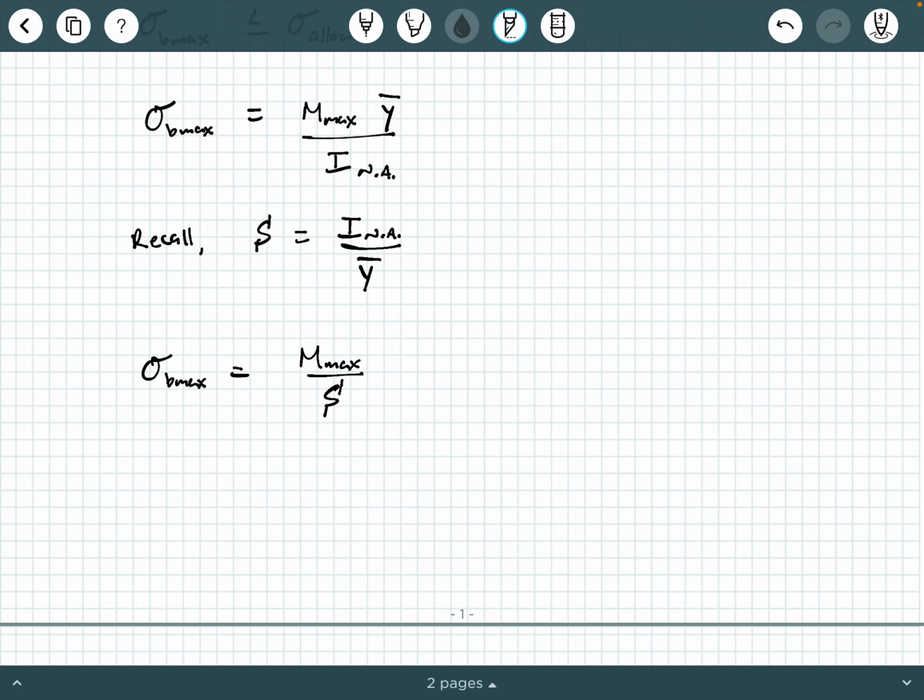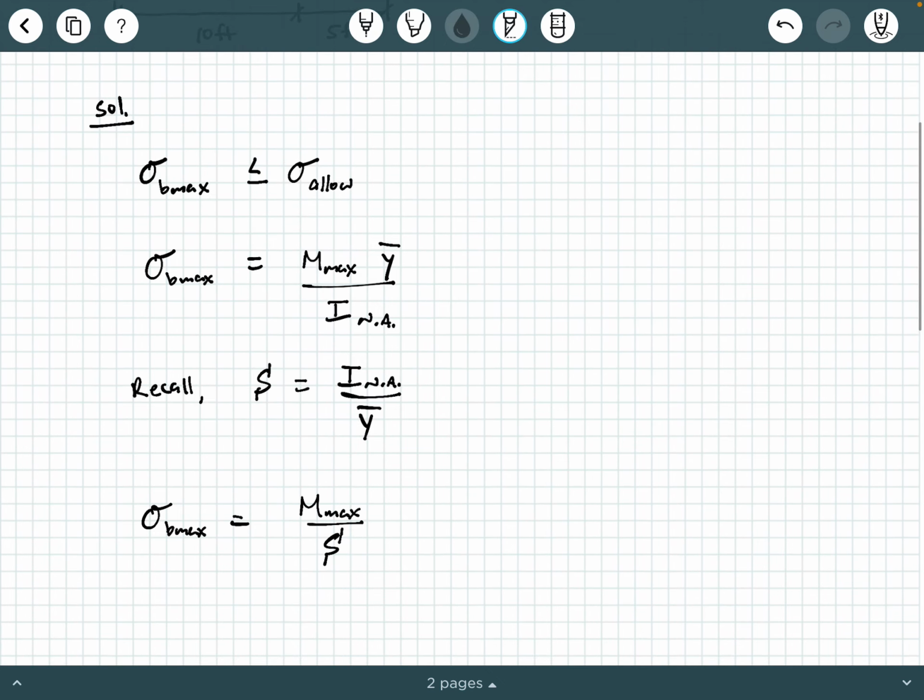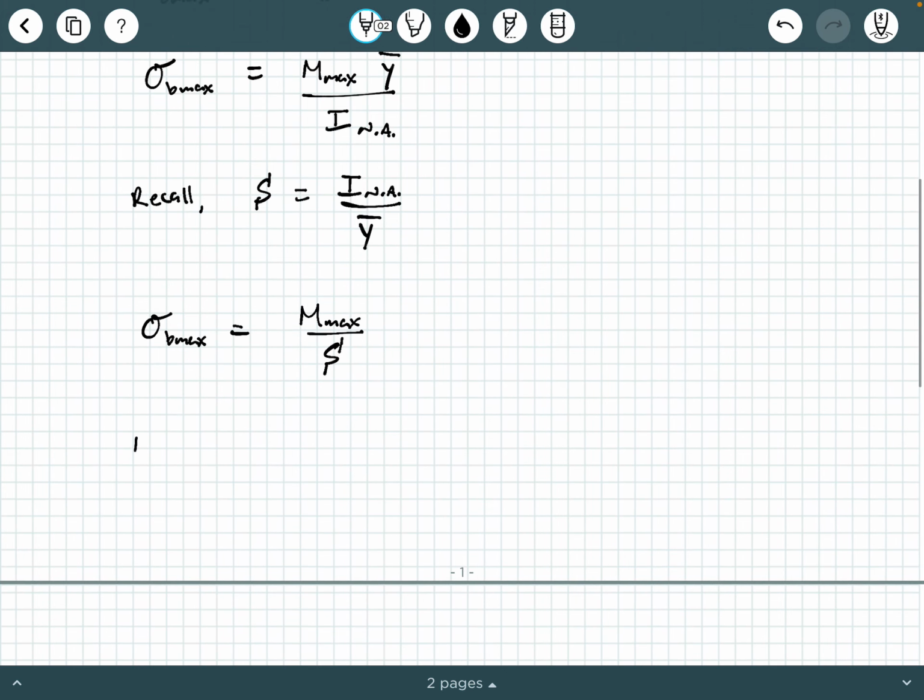So now we have this flexural stress formula in terms of section modulus instead of moment of inertia and y bar, okay? So now what we can do is set this version of the equation up inside of this inequality. So we can say M max over section modulus must be less than or equal to sigma allow.